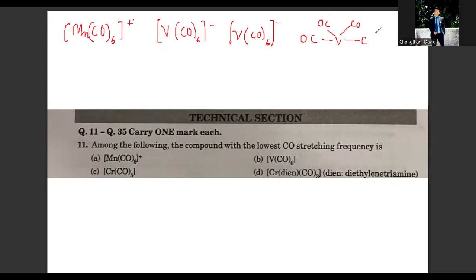This is the carbon-oxygen, and this carbon forms back bonding. And these are the 6 carbon-oxygen ligands. In this, when the metal is electron rich, then back bonding increases and the stretching frequency decreases.